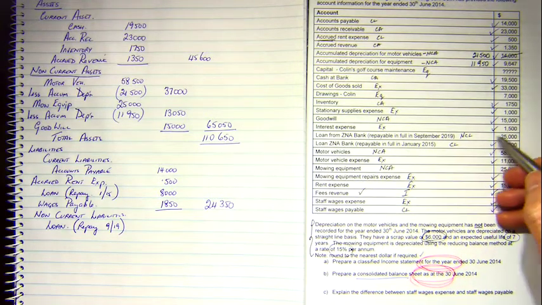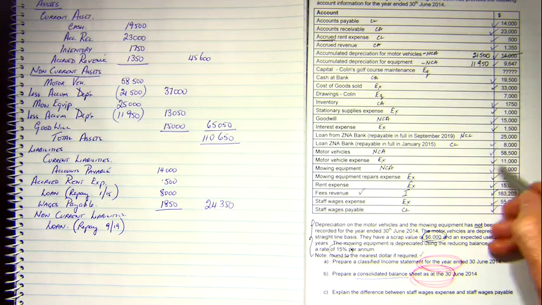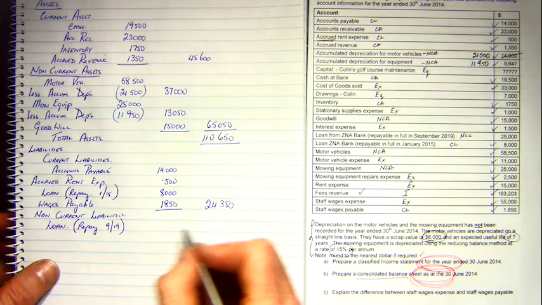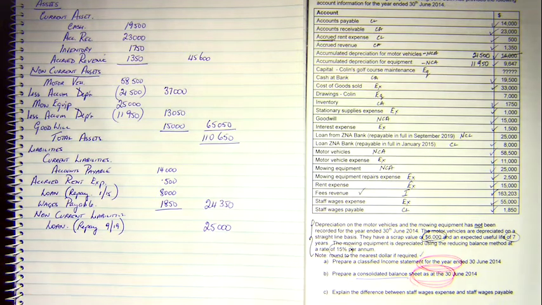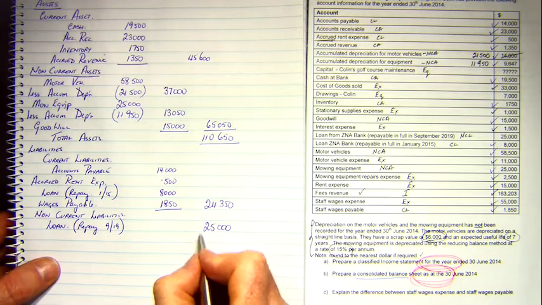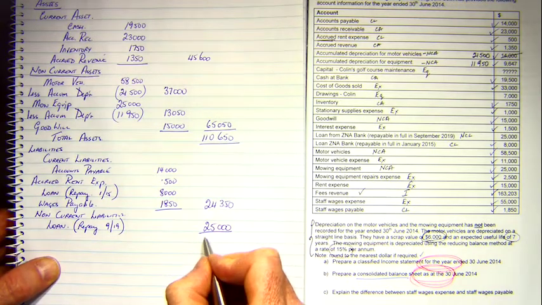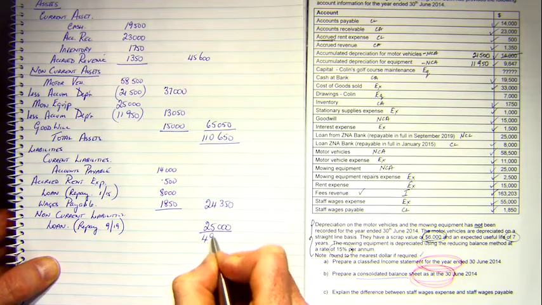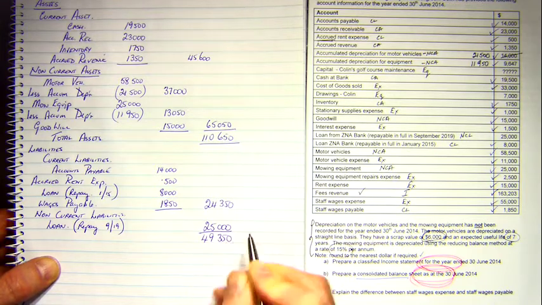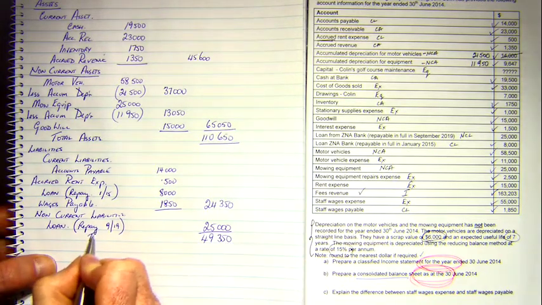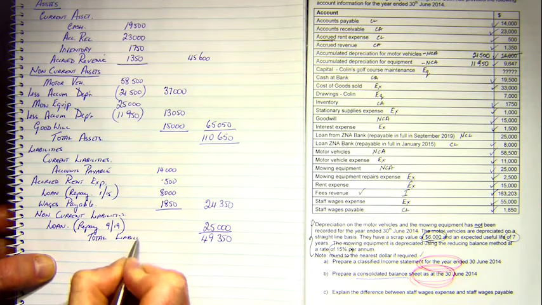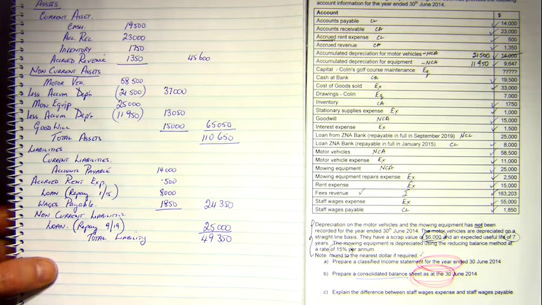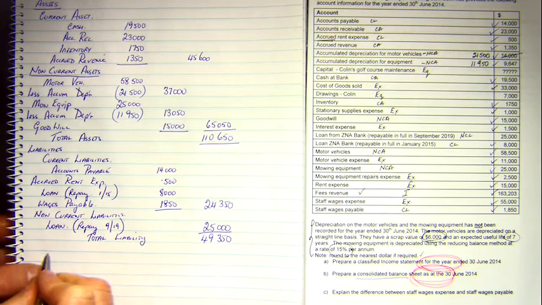Yep, I've ticked that one off. 25,000. So total liabilities will be 49,350. Thank you. Total liabilities.